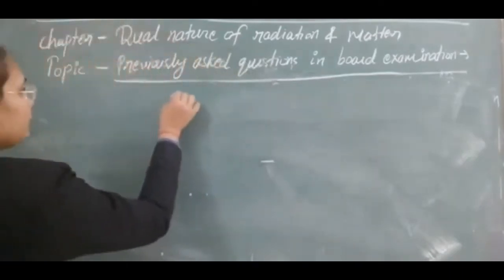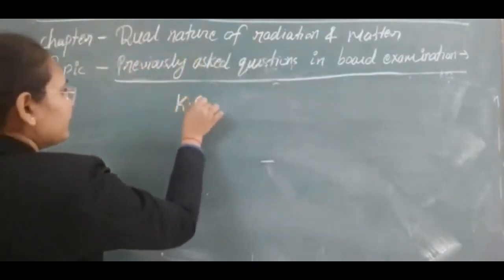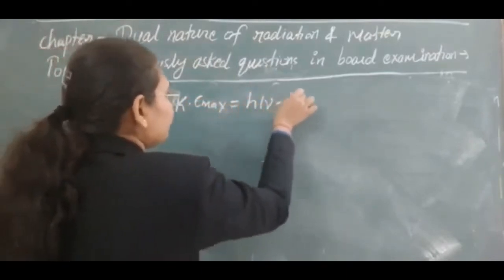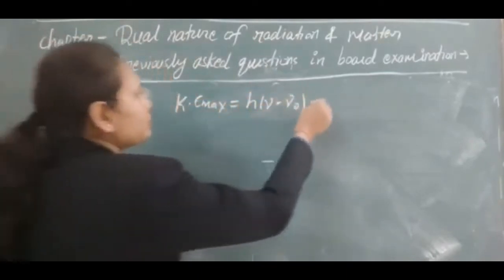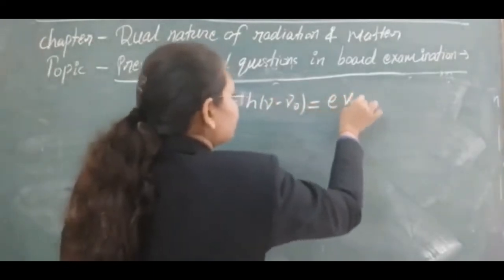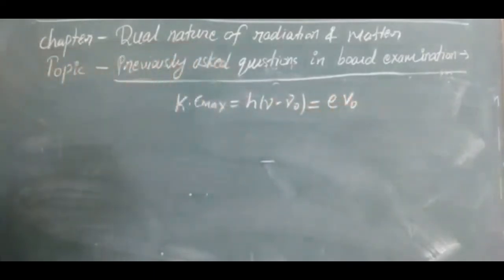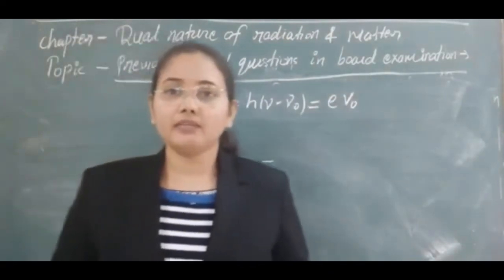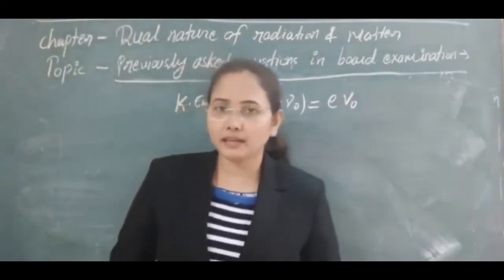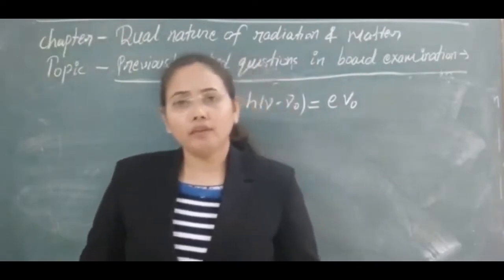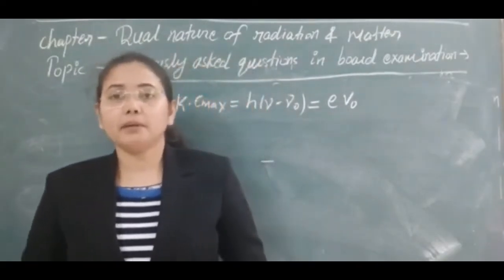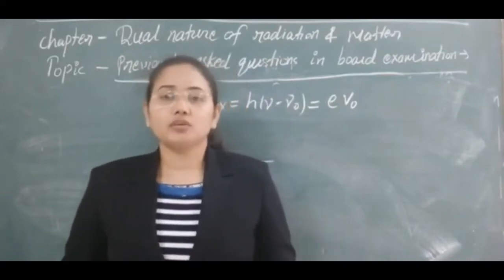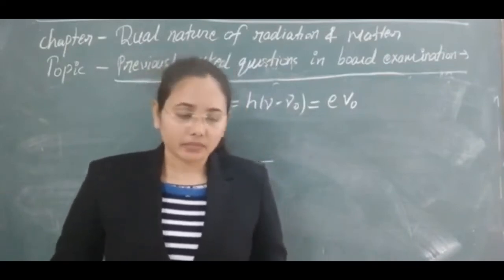As we know, Einstein's equation: the maximum kinetic energy is equal to h nu minus h nu 0, this is equal to E 0. Okay? So the first feature that wave theory fails to explain is that the number of ejected photoelectrons from the metal is directly proportional to the intensity of radiation.